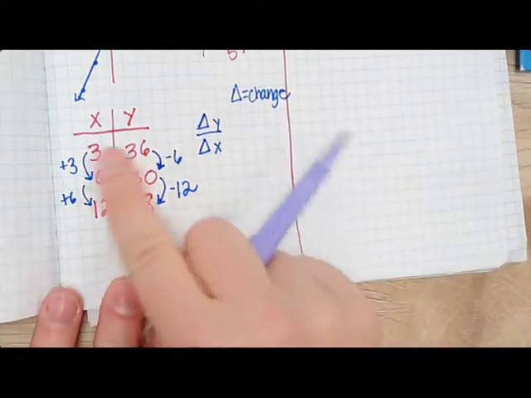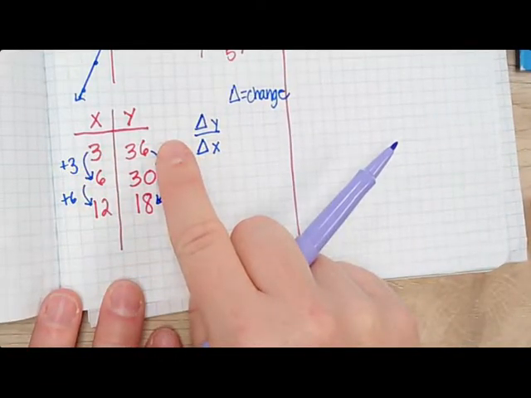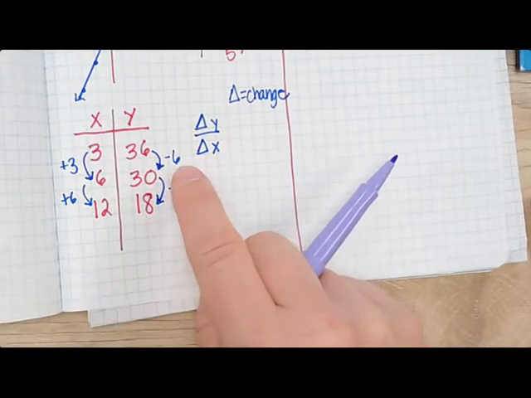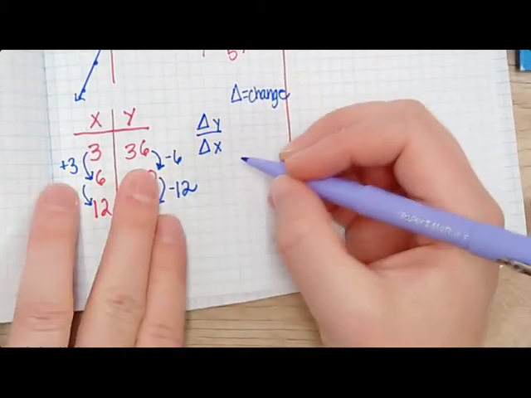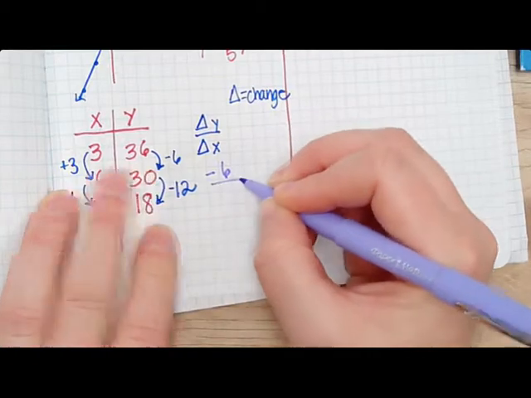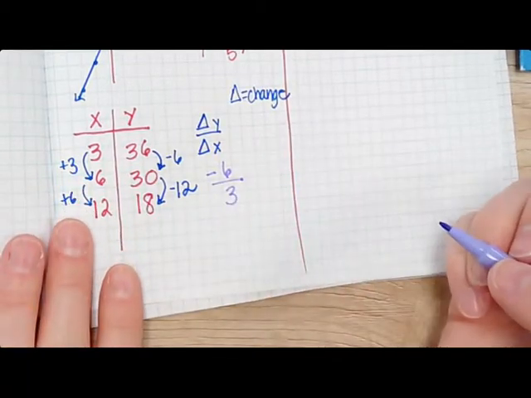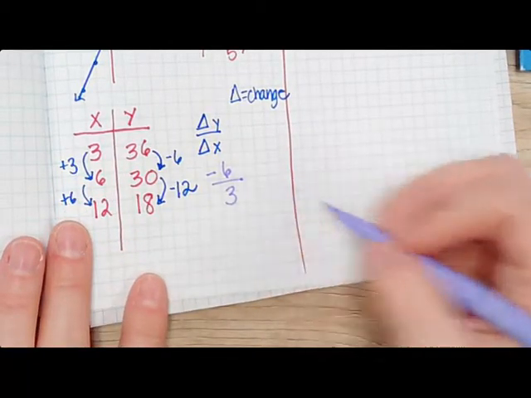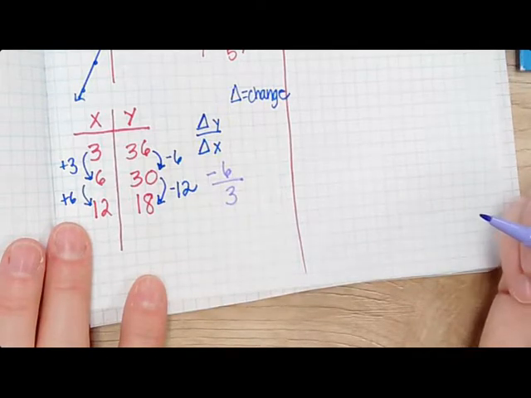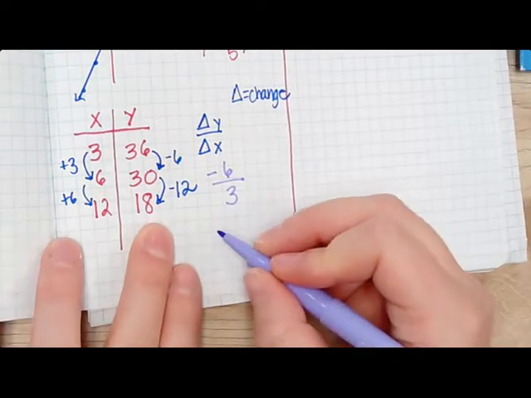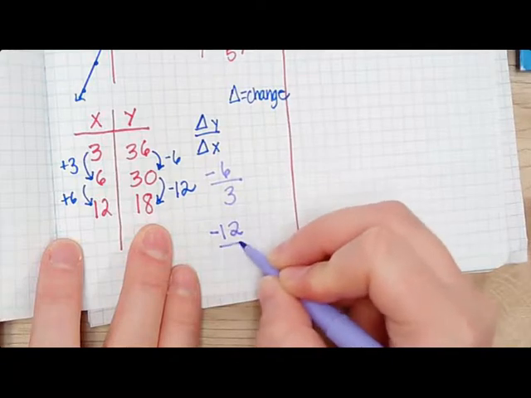So let's look at the first change. Delta y is negative 6 over 3. And then the other one is negative 12 over 6.